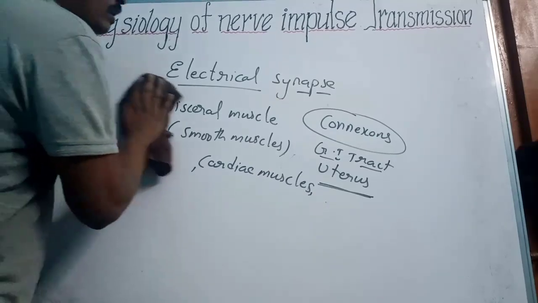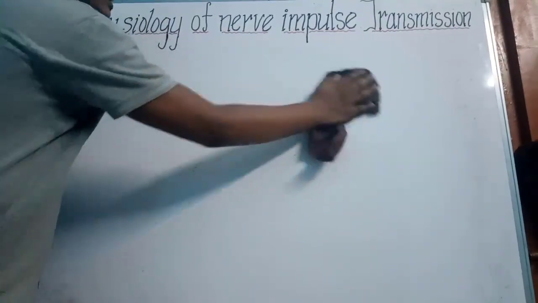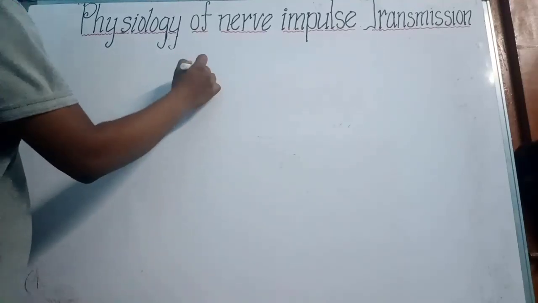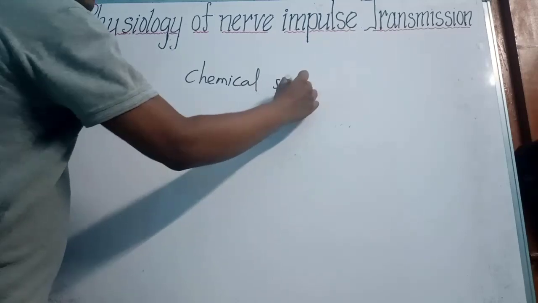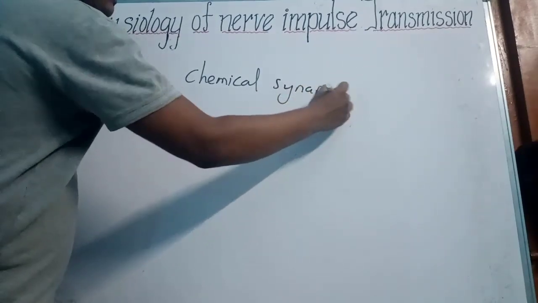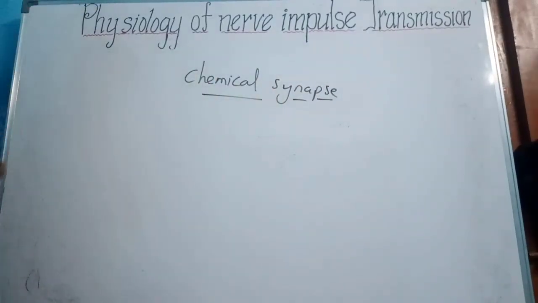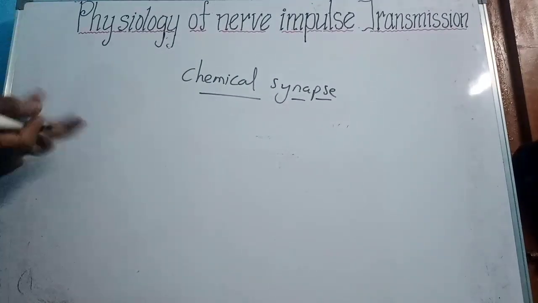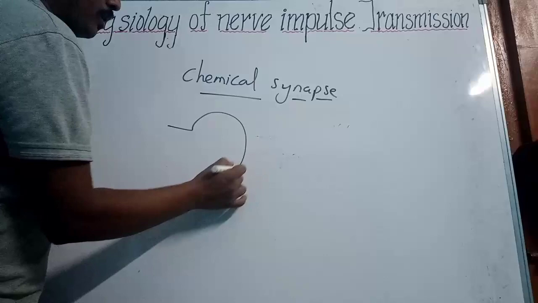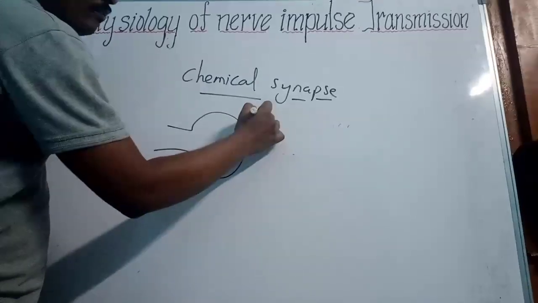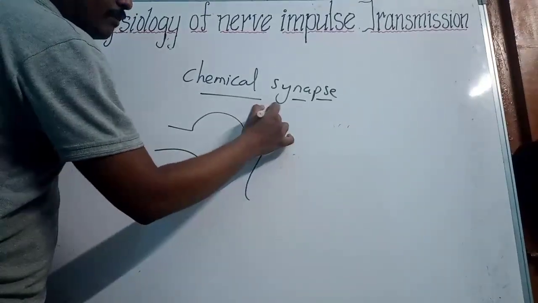Now we will go through the next synapse, called chemical synapse. When you say synapse, we'll have a presynaptic neuron or presynaptic membrane, and we'll have the postsynaptic membrane.